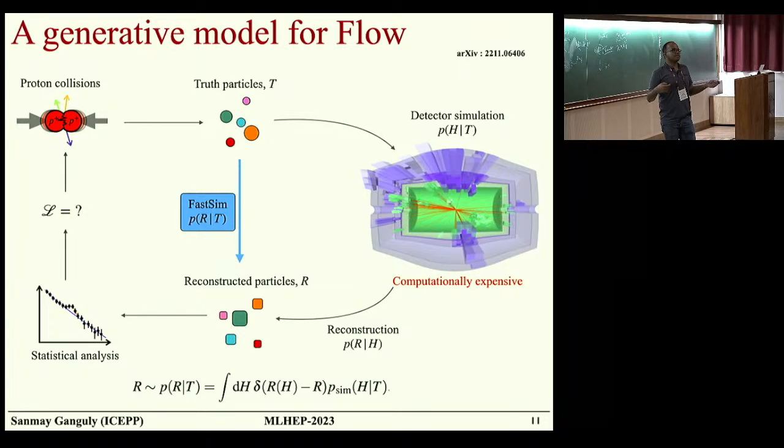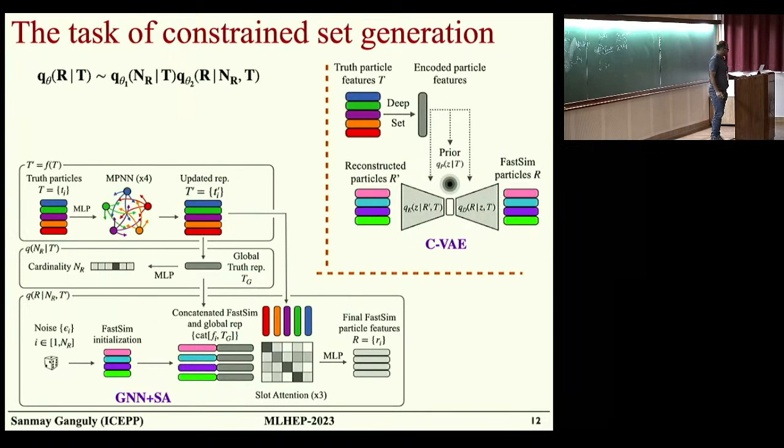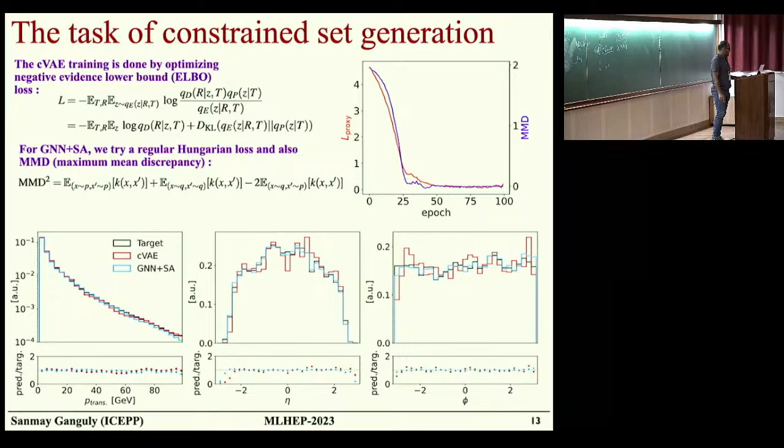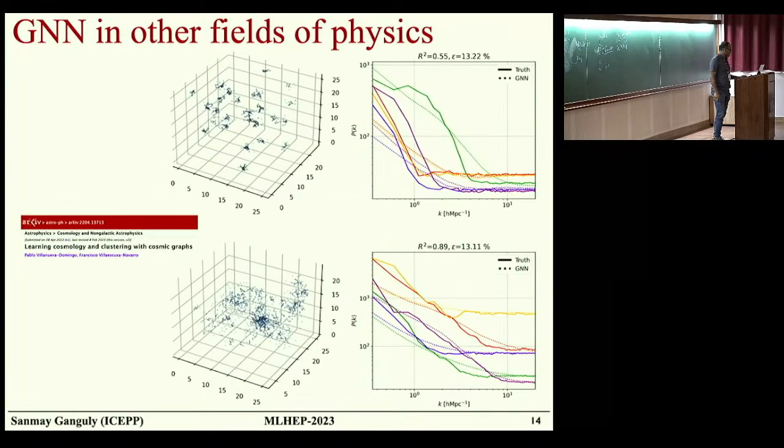You can't write just any generative model; this kind of shower pattern should be constrained by the starting truth particle. I'm just giving you some examples, and this is another example of what we wrote as a constrained generative model for truth particles, and we got some realistic distributions. If you are interested, you can look into this, and again I show what kind of loss functions you need to use. Okay, so this is the end of the particle physics stuff.